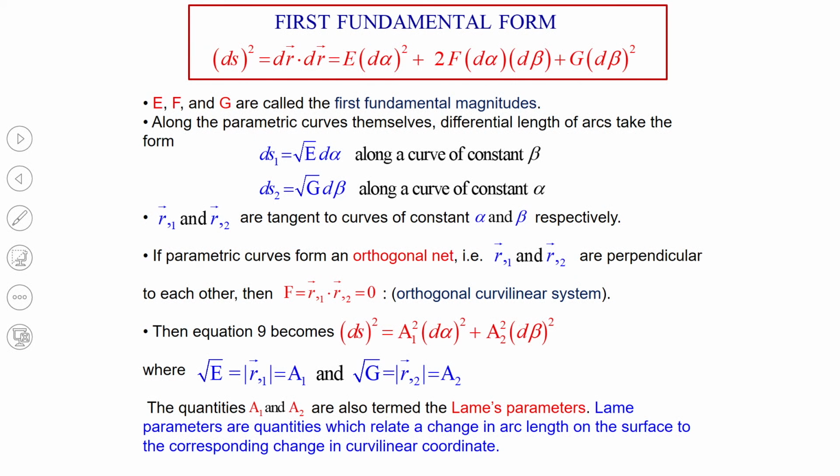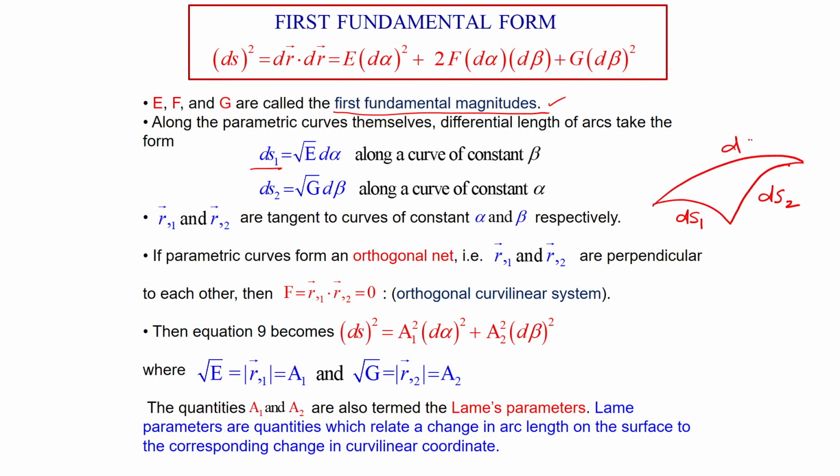Again, E, F, G are called first fundamental magnitudes. So, ds1, the arc length along one direction, is under root of E d alpha, and ds2, the arc length in the second direction, can be represented by under root of G d beta.